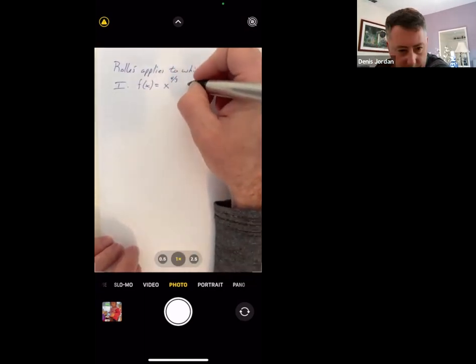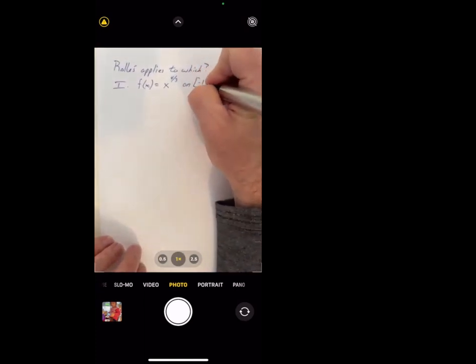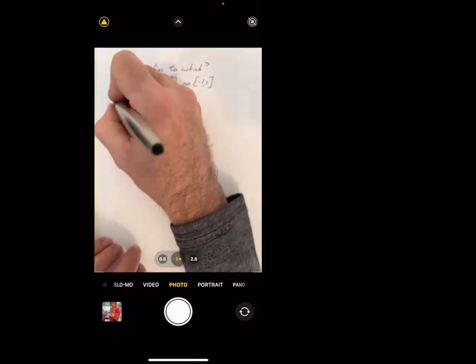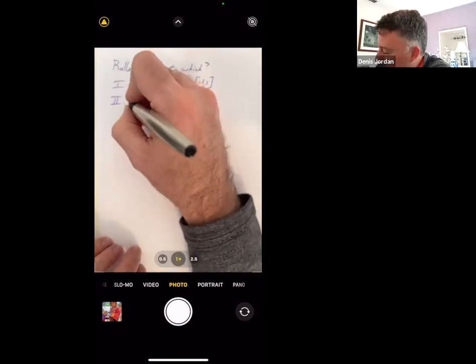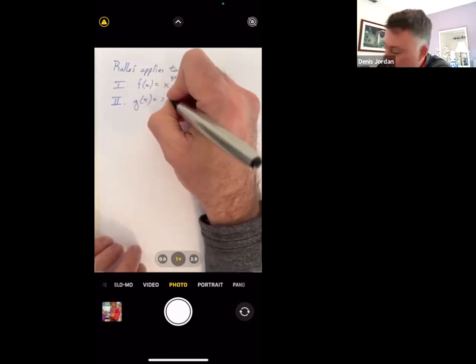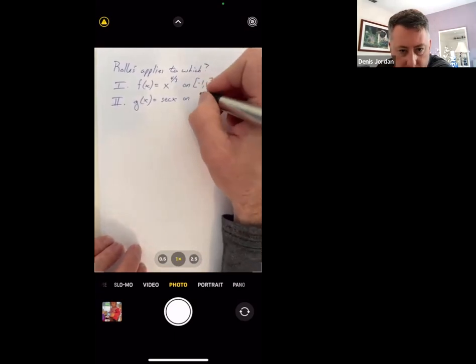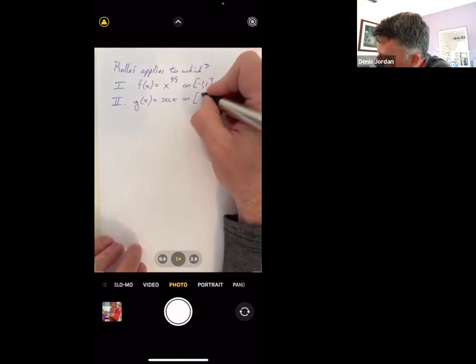And g of x equals secant x on the interval 5 pi over 6 to 7 pi over 6.